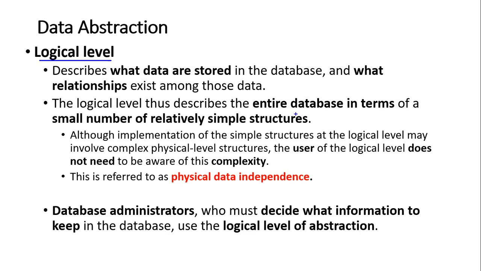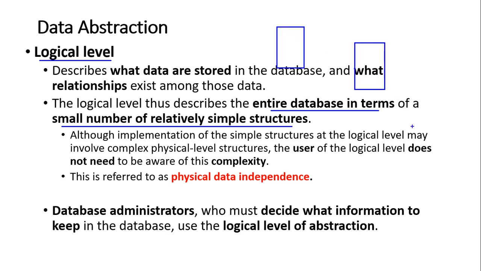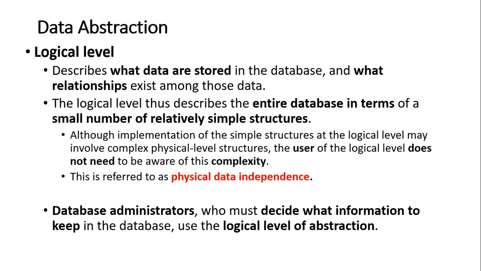The logical level describes the entire database in terms of a number of relatively simple structures. So for example, there are details of the student, details of marks, details of attendance, and how they are connected. This connection is described at the logical level.